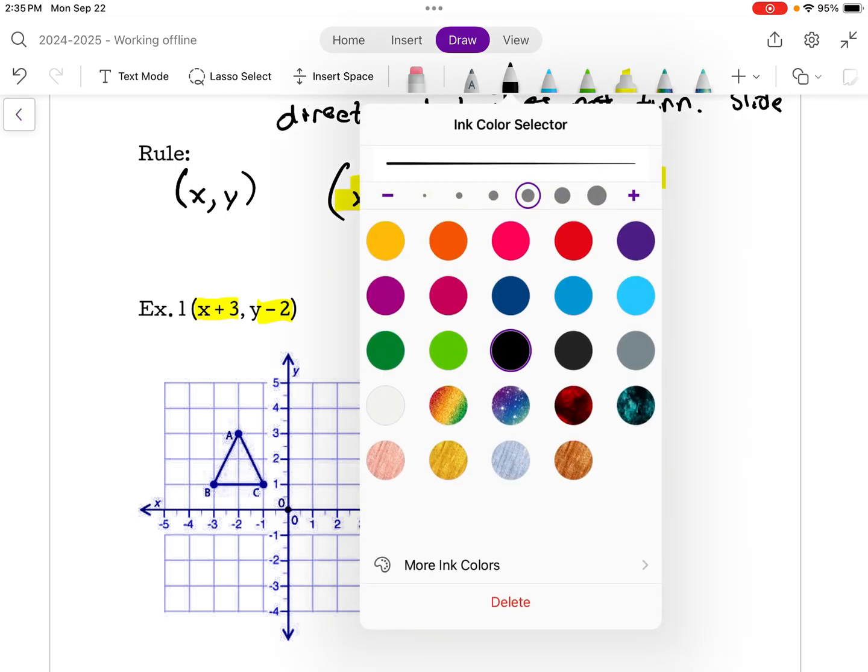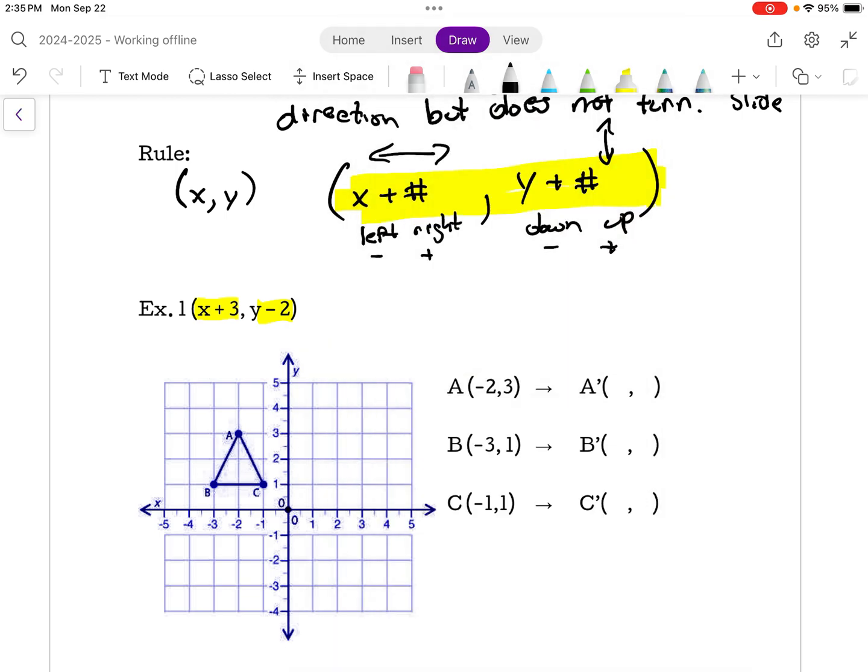So I'm going to take each one of these points. We'll start with A. And if I move A 1, 2, 3 to the right and 2 down, it's going to end up right there. Okay. And then if I take B, I would move B 1, 2, 3 to the right and 2 down. And then C 1, 2, 3 to the right and 2 down.